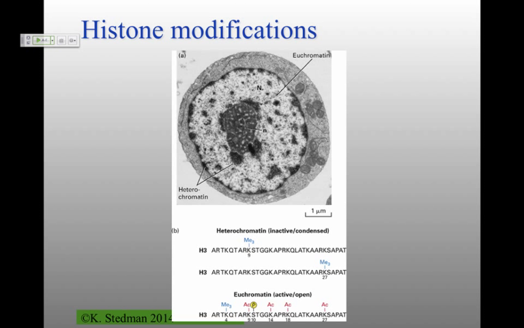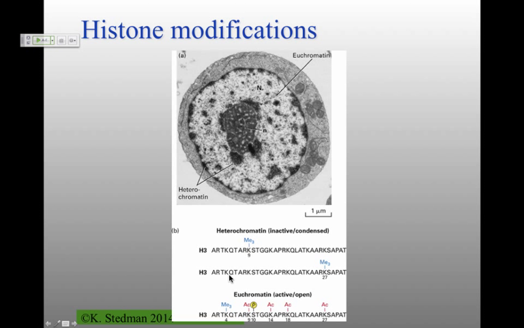Trimethylation, yes, 3 methyl groups, and you can get monomethylation and dimethylation as well, and that doesn't change the charge. Was that the only question, or do you have another question? Okay, yeah. I don't think I have any images of that, because we actually have some really nice structures, so we know exactly where those methylations are taking place. I don't think I have those in the lecture notes, but I can send those to you.